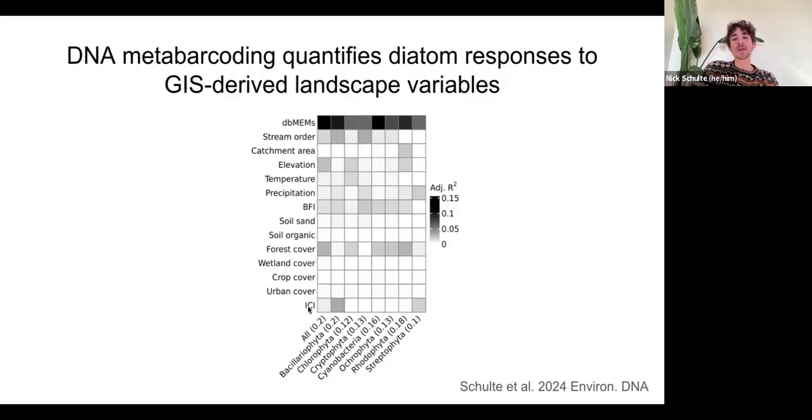But also an index of catchment integrity, basically darker shades here in this heat map show a stronger effect on community compositional change. So diatom metabarcoding derived assemblages were affected by things like stream order, catchment integrity, and space across the scale of the US.